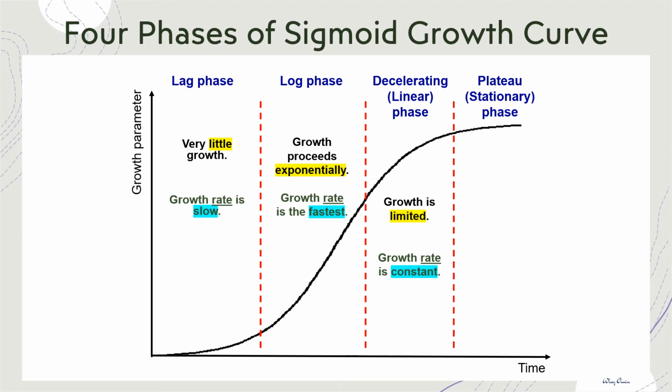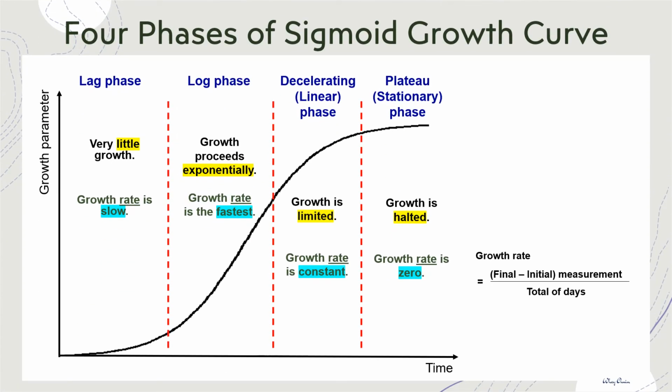Plateau maksudnya kalau kita tengok bahagian graf ini untuk fasa terakhir ini, dia telah menunjukkan satu garisan yang melintang, iaitu tidak menunjukkan pertumbuhan naik lagi atau kenaikan data tidak ditunjukkan lagi. That's why kita katakan dia stationary sebab tidak bergerak. So the growth is halted. Halted maksudnya berhenti. Atau kita tengok kadar pertumbuhan iaitu zero.